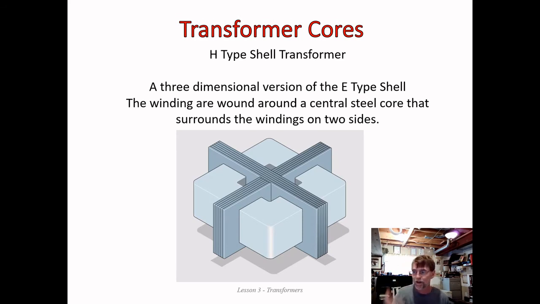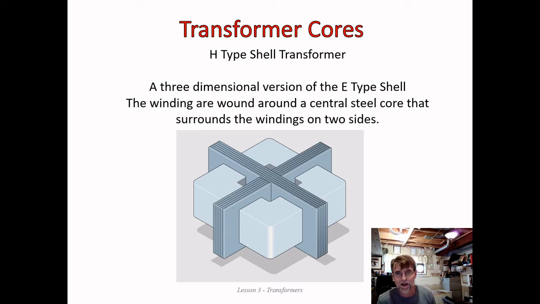So the H-type shell is the very same, except now it's a three-dimensional version. Okay, so instead of just having a pair of outer shells, we now have 4, because remember, we tend to draw everything on a piece of paper, and we think about it and we learn about it and understand it two-dimensionally, but let's not lose sight of the fact that the cloud, which is the magnetic field, those lines of flux, they are spread out three-dimensionally.